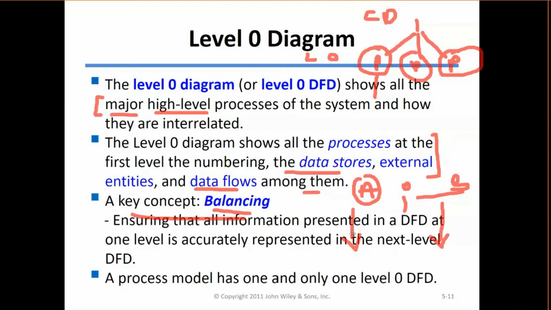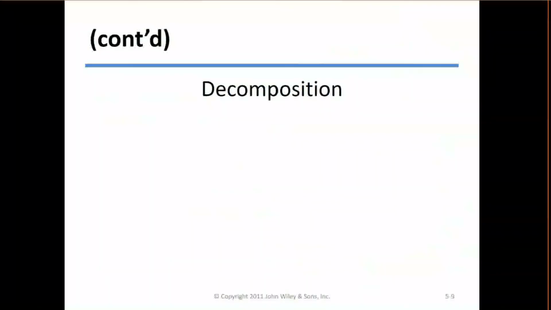If these inputs and outputs didn't come to the next level, then actually the next level is unbalanced. There may be a few more inputs and outputs, but the inputs in the context diagram level must appear at the next level. Okay, let me show you through the diagram.